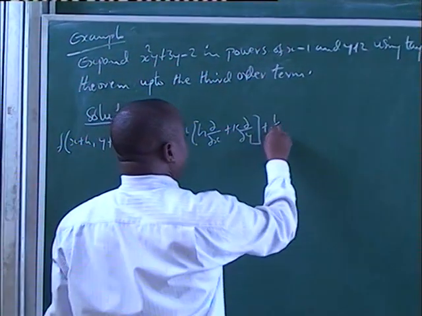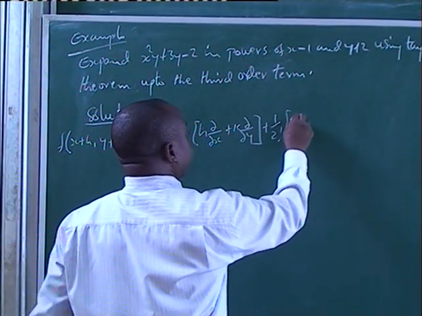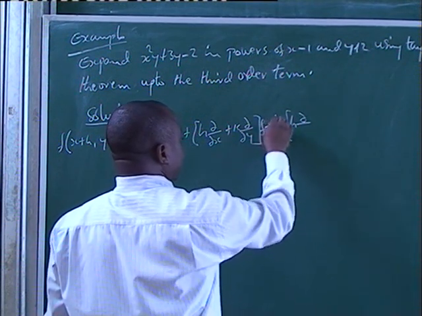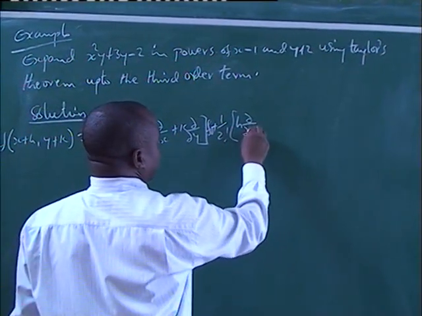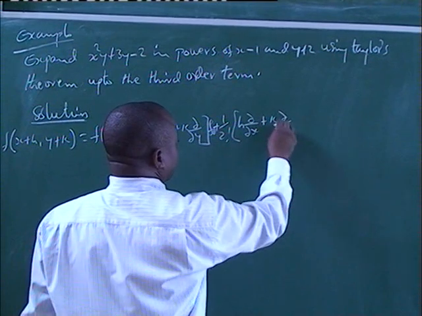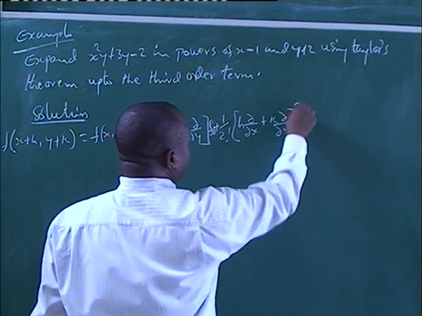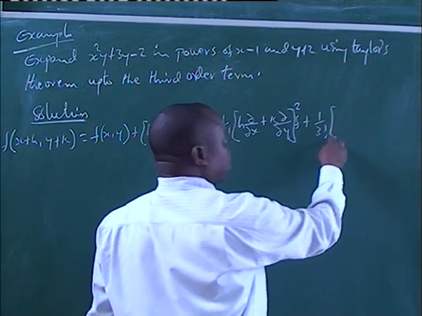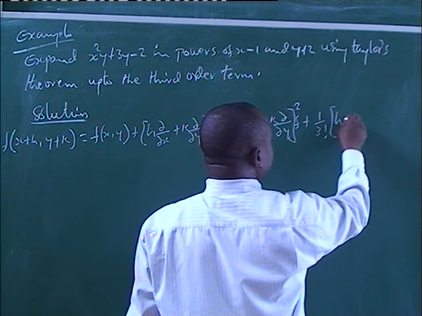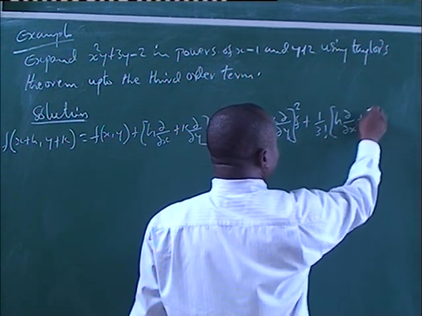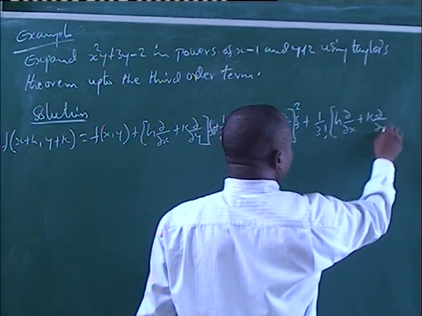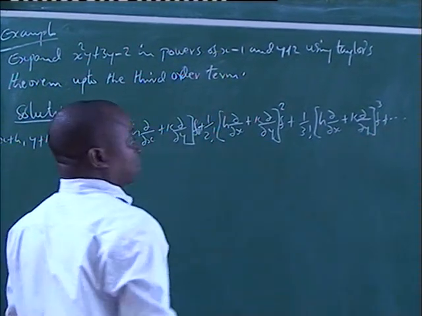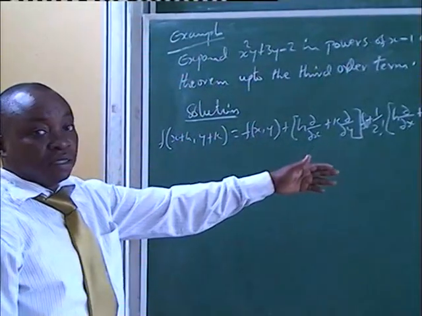Plus we have 1 over 2 factorial, then we have h partial x plus k partial y, applied to f, squared, plus 1 over 3 factorial. This is the one that will give us the third order. So we have h partial x plus k partial y applied to f, cubed. The thing continues, but we are asked to stop at 3. That is the third order.